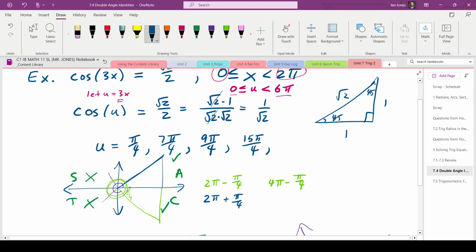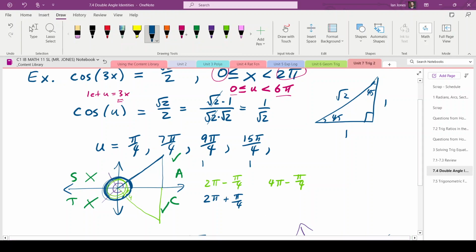And what else? So let's see here. We got pi over 4, 7 pi over 4, full circle plus pi over 4. So this is one circle. Full circle, well, 2 full circles minus pi over 4. So this is 1 circle plus something. And now we want to go up to 3 full circles.